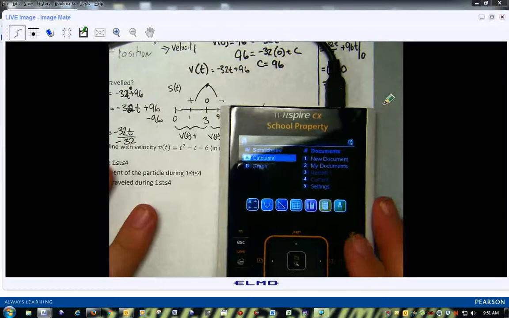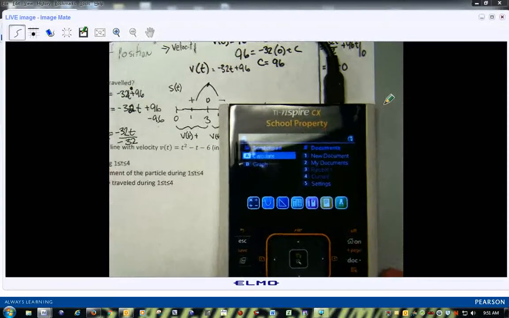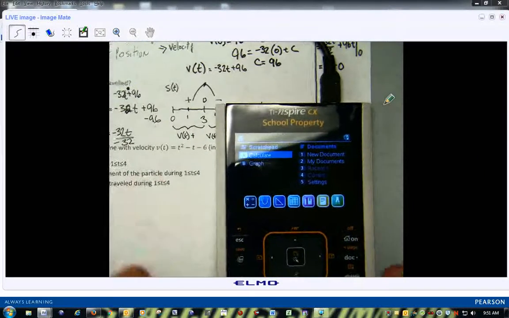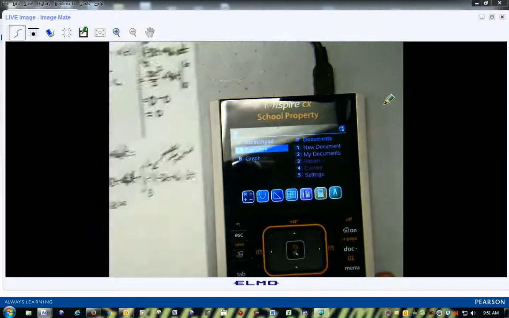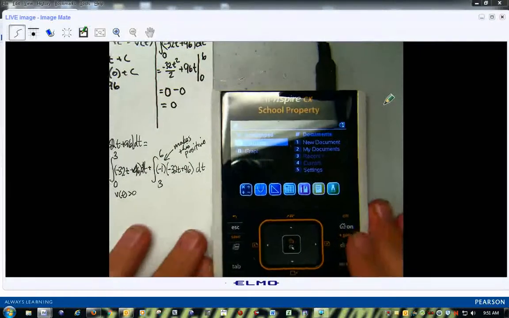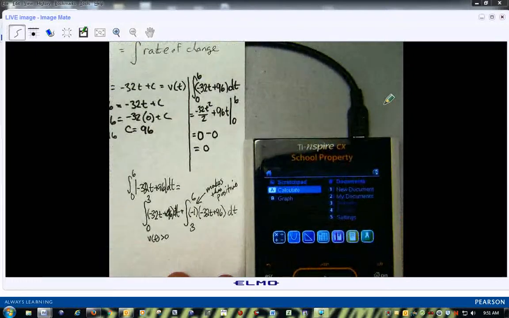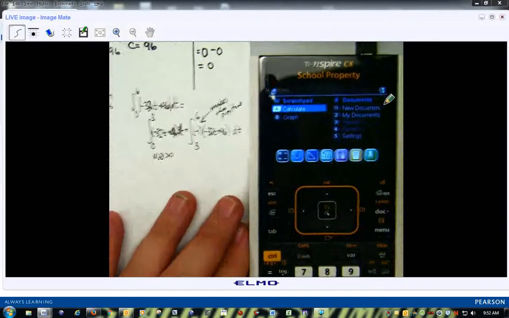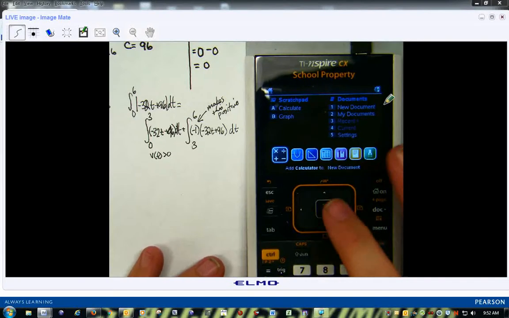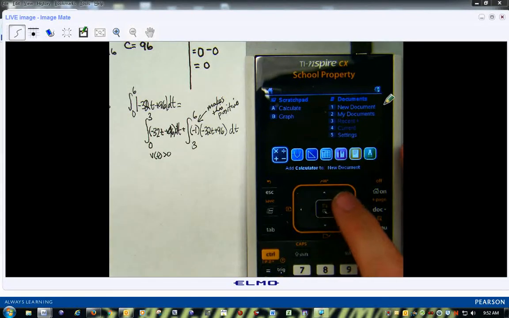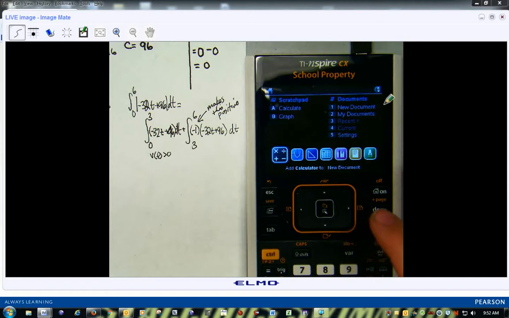I can actually put this over here too. Alright, now you're going to want a calculator. You don't want Scratchpad. Scratchpad's evil. You don't ever want to use it. Scratchpad doesn't have any of the characteristics that a regular calculator has. Well, it has a lot less anyway.